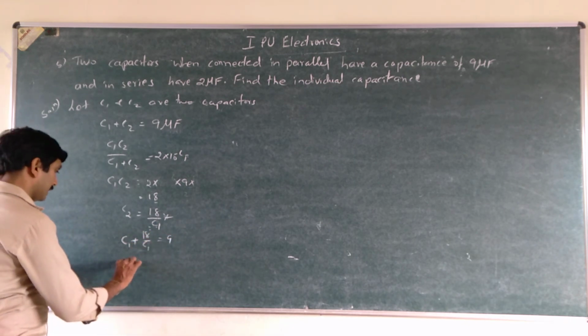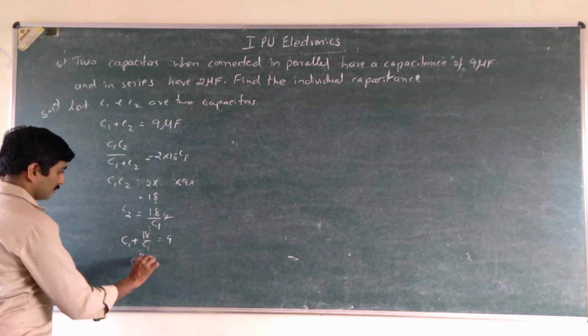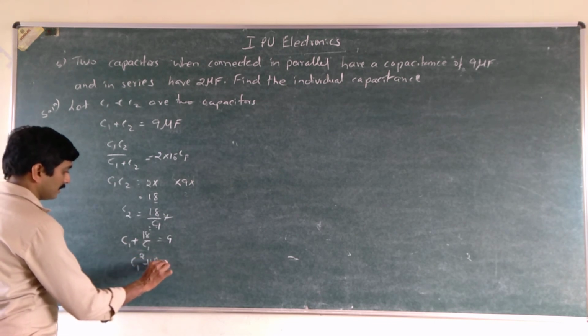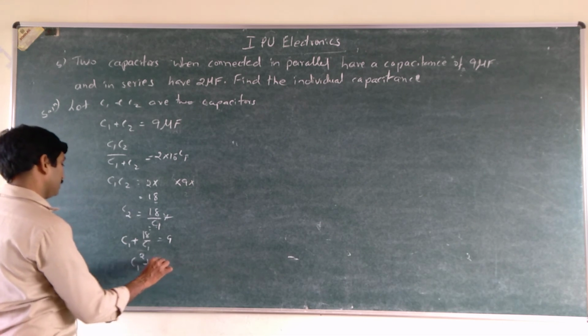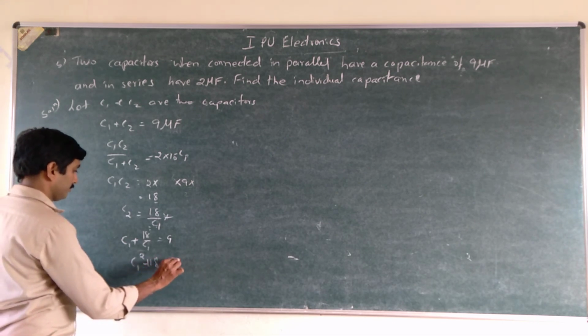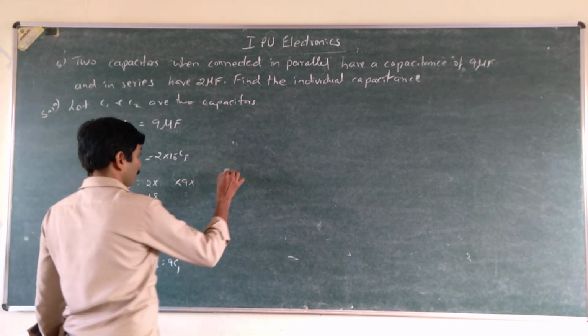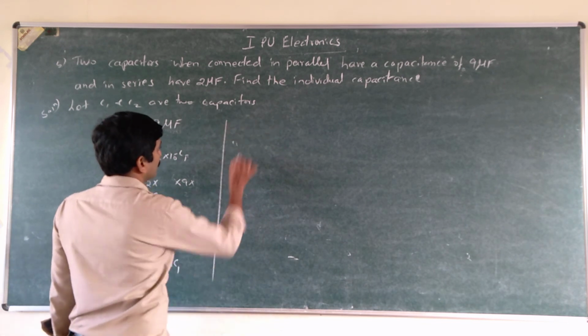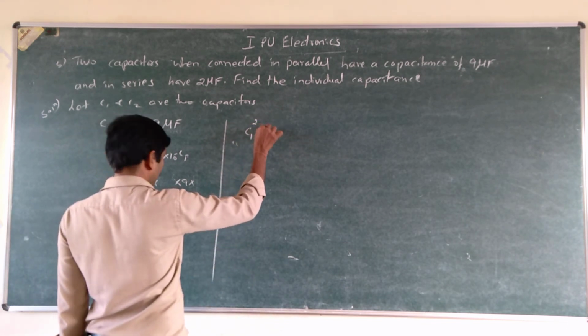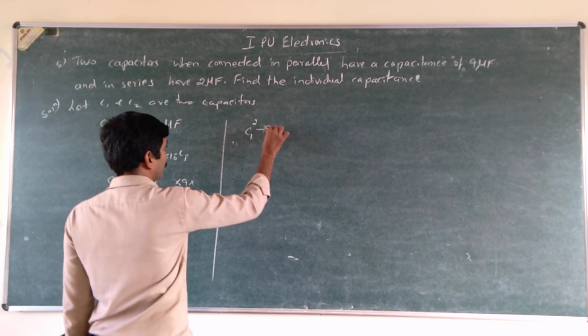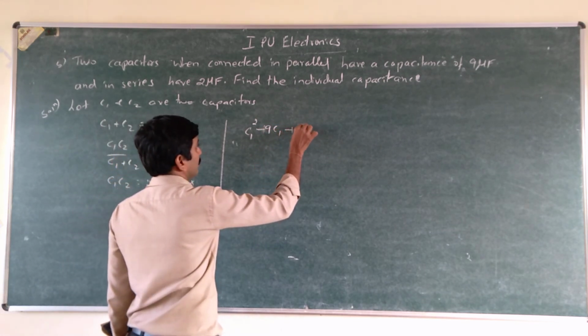So, C1 square plus 18 is equal to 9 C1. So, C1 square minus 9 C1 plus 18 is equal to 0.